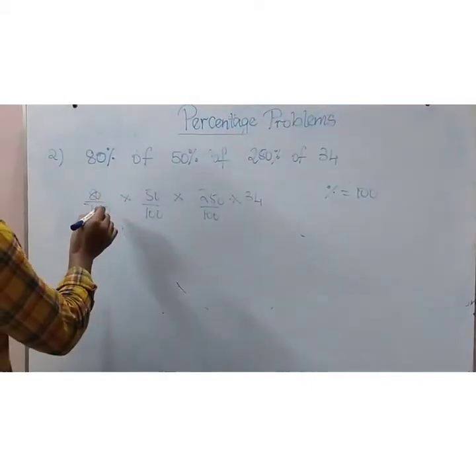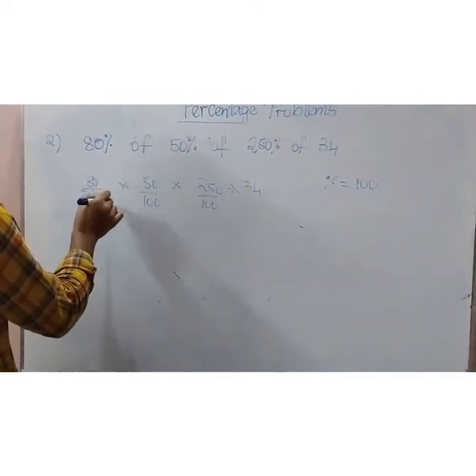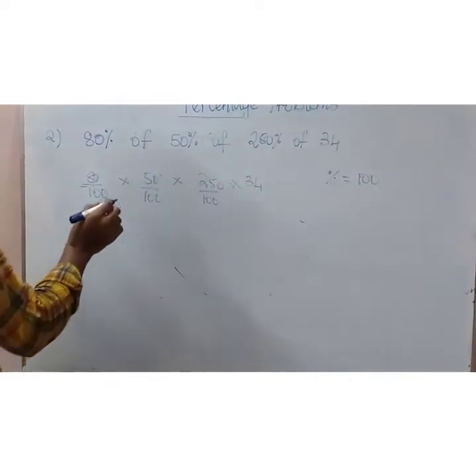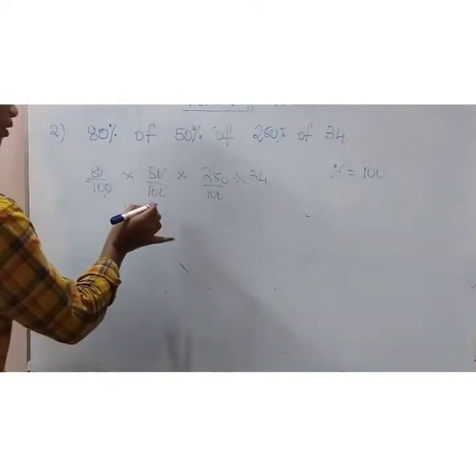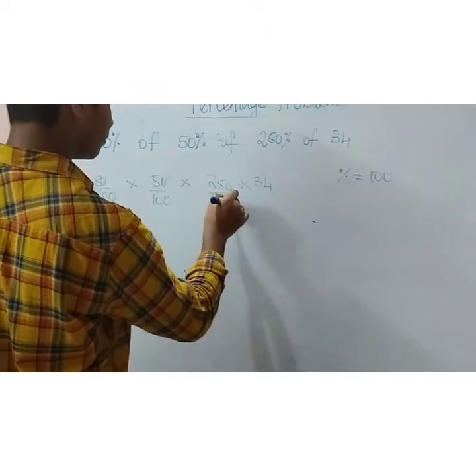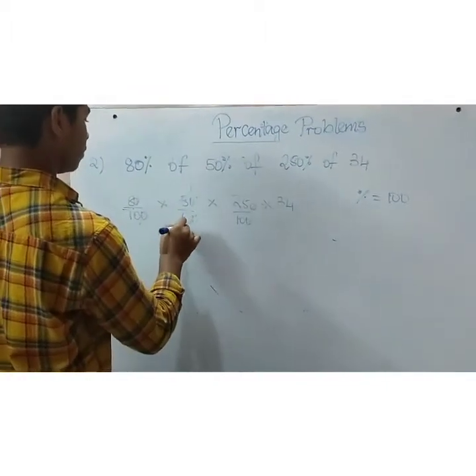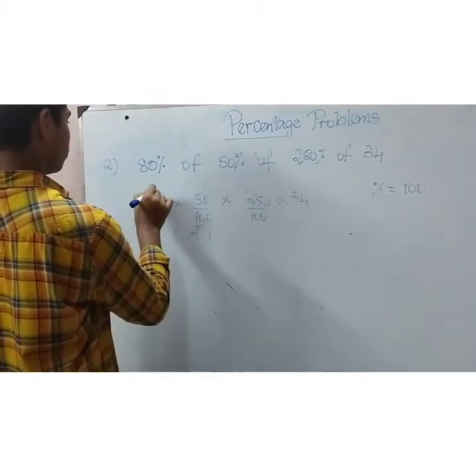Now this will cancel, this cancel. 5 ones, 5 twos, 2 ones, 2 fours.